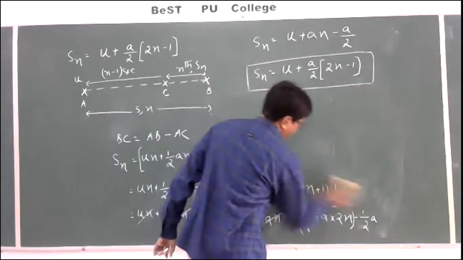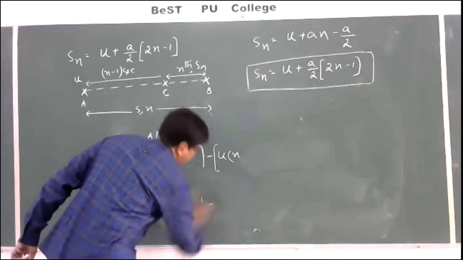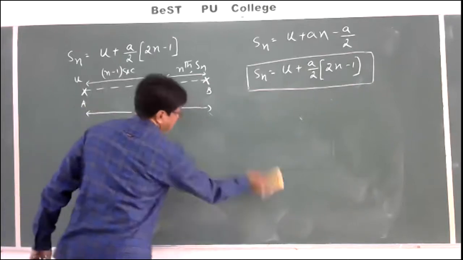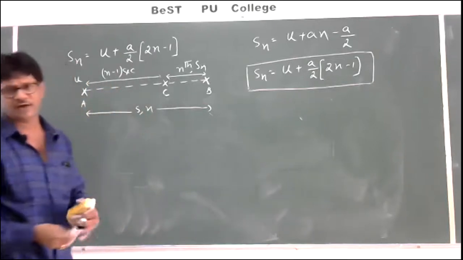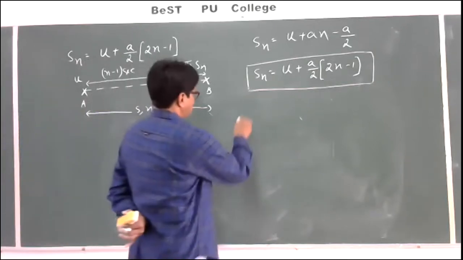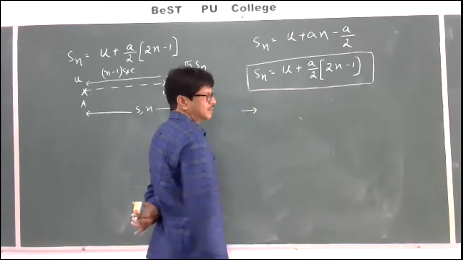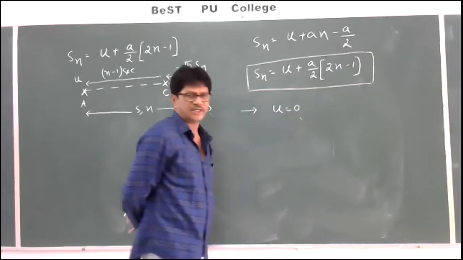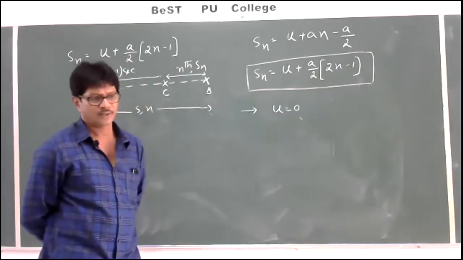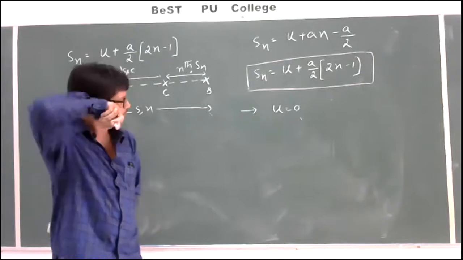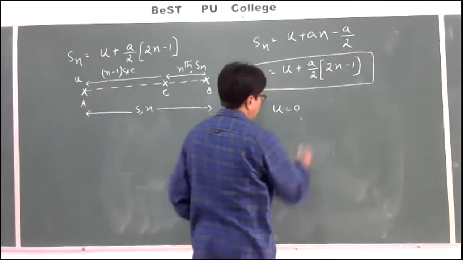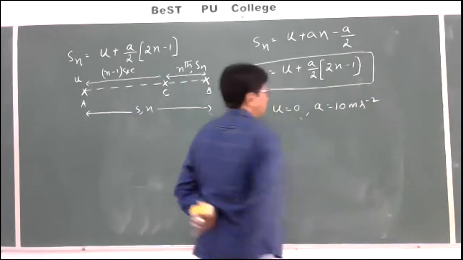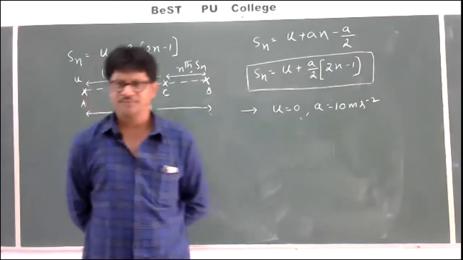So he is asking us to find the distance traveled in a particular interval of time. As far as the problem is concerned, a body is starting from rest, so initial velocity is 0, and moving with uniform acceleration 10 meters per second square.